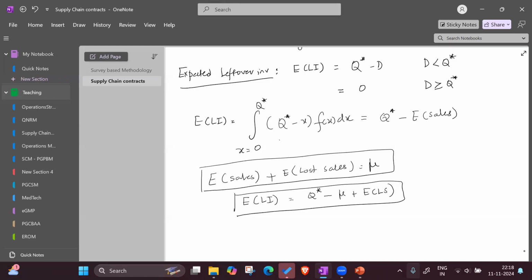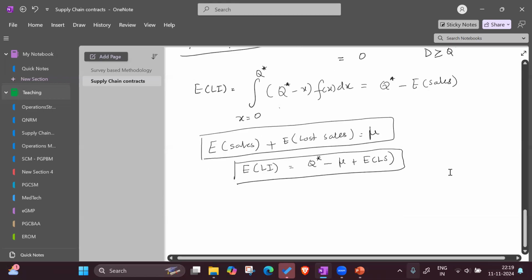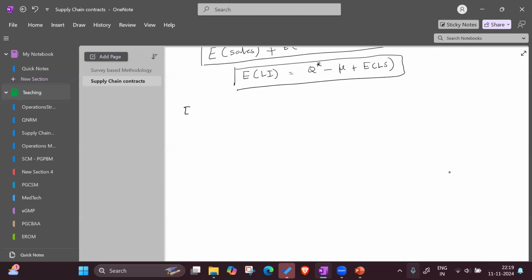Now, if we look at expected profit, it is nothing but what is the margin that this particular newsvendor is making. The newsvendor is making a margin of P minus C, and how much is this particular person selling, which is going to be expected sales.